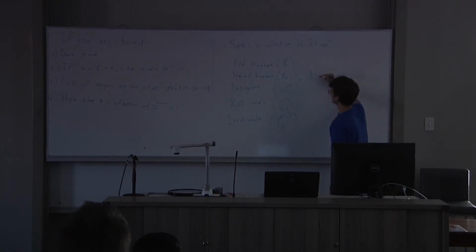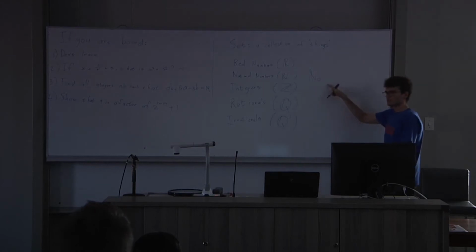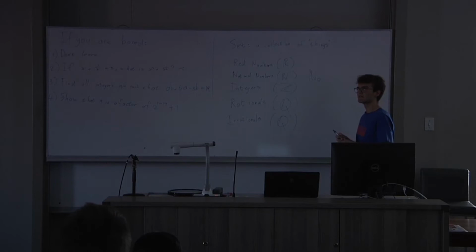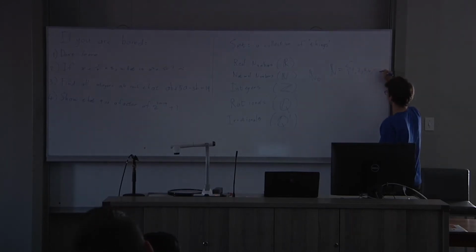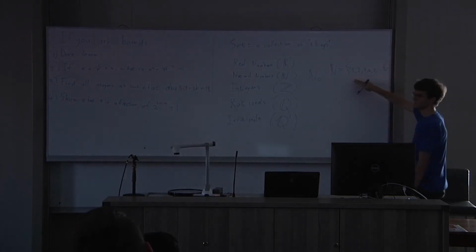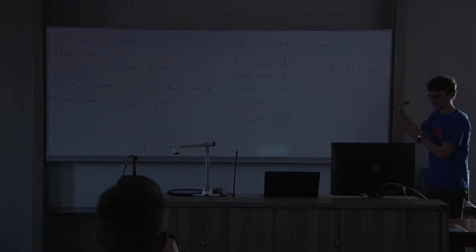You also see the counting numbers, which includes 0, so it's important to make that distinction sometimes. Yeah? Can a natural number then be small? No. So the set of natural numbers is defined by 1, 2, 3, 4, 5, etc. It's all of the whole numbers that are positive.